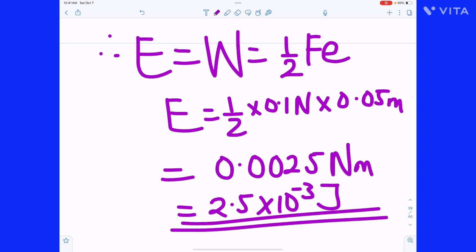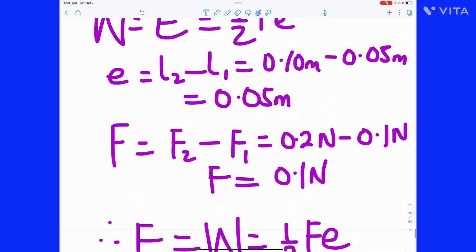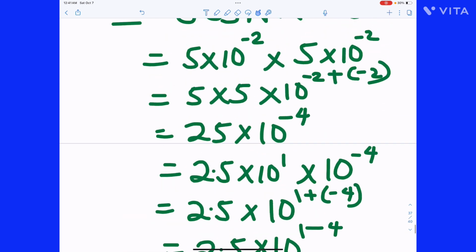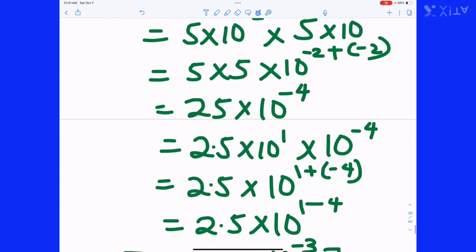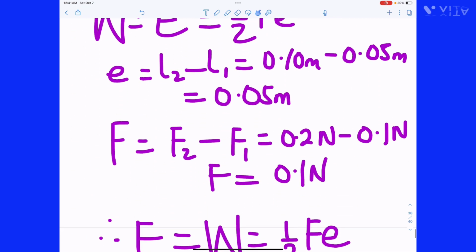I could have just gone straight like that, but because I intend to show you some indices in addition, I went this way and did the indices all together. You could do this with your calculator.